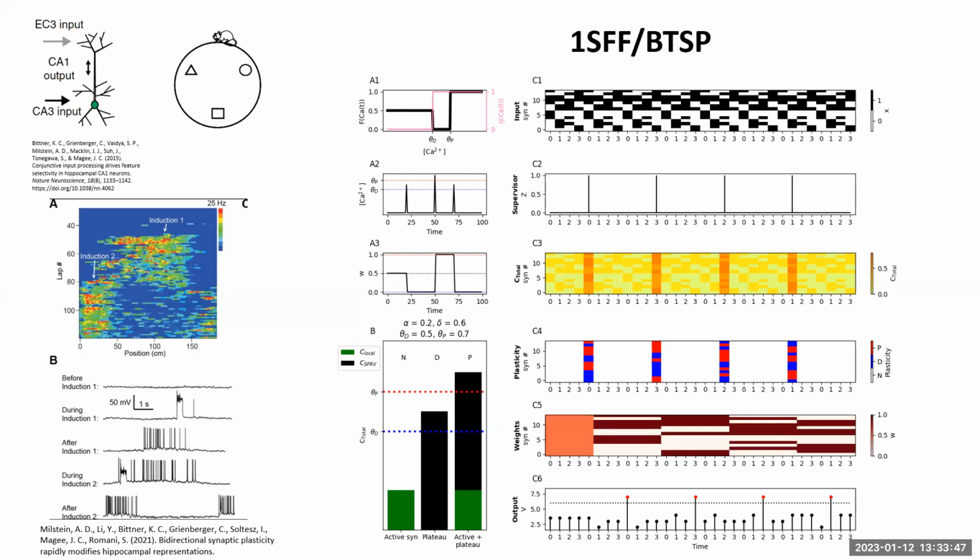You have your input, say a binary vector like 0, 1, 0, and the supervisory signal says, I want you to write this 0, 1, 0 to the synapses by potentiating them. We make it very binary here. We use a special version of the plasticity rule, which immediately potentiates and depresses.